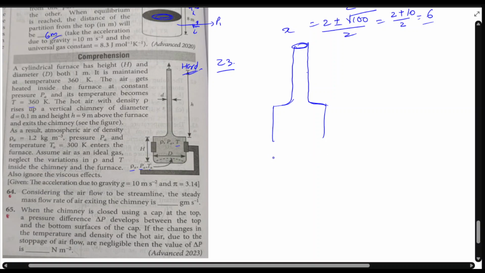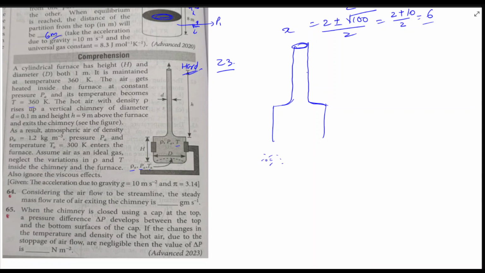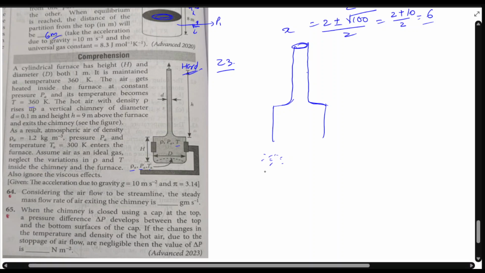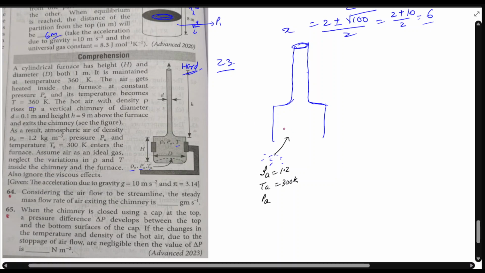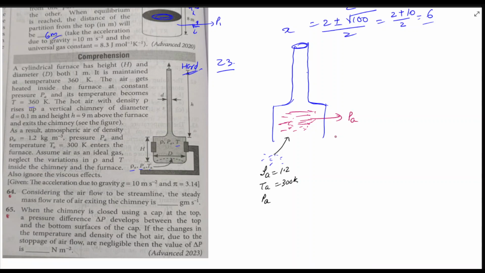We have gas here whose density is 1.2, temperature is 300 Kelvin, and pressure is PA. We don't know PA. Now it is going here and this gas is heated. The temperature is increased here, but the pressure remains the same. Density will be changing because temperature is changing. So the temperature will become 360 Kelvin.